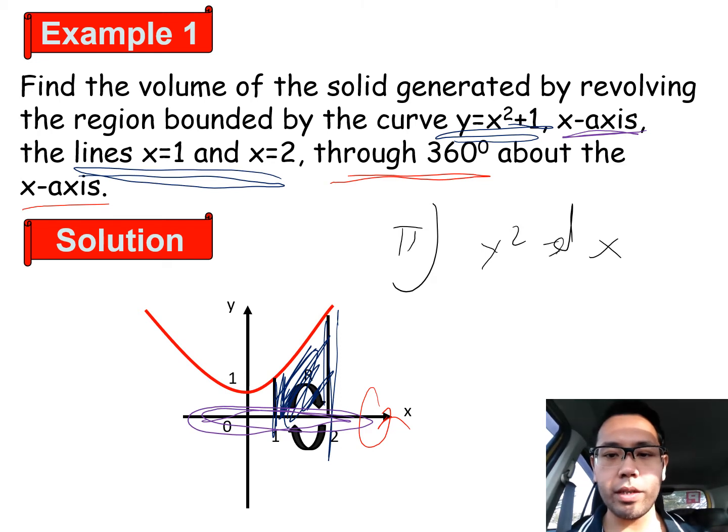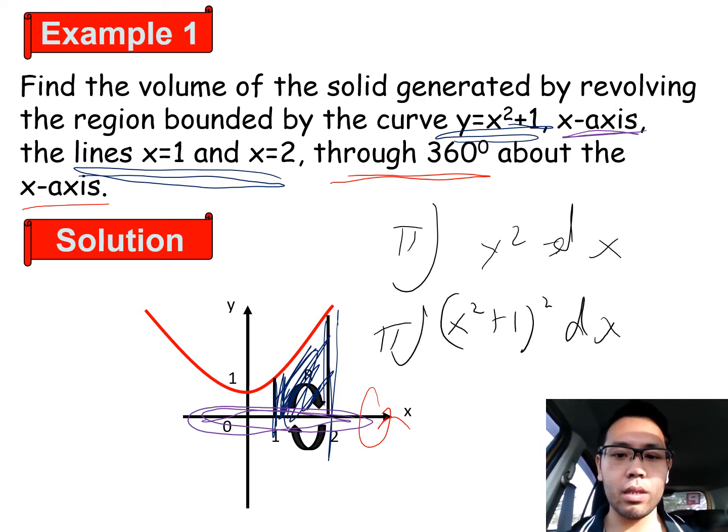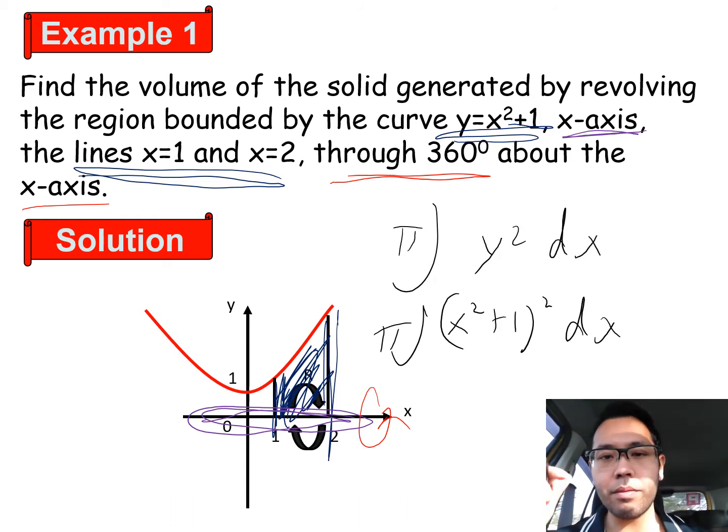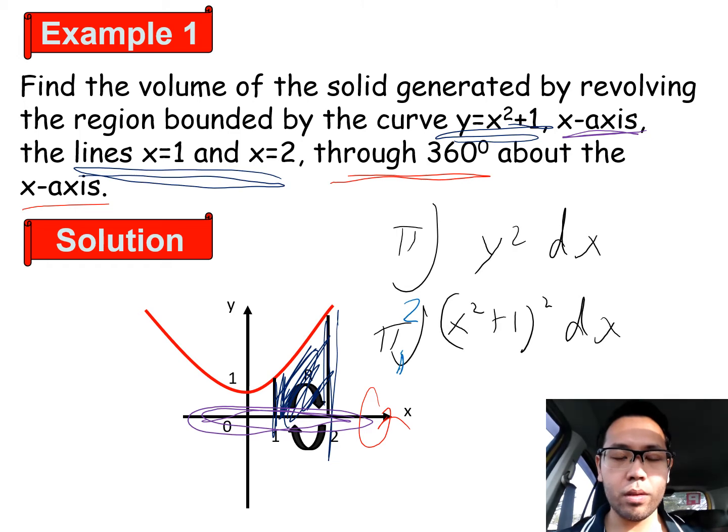So your y squared is (x squared plus 1) squared dx. Up to here, you guys okay? This is simple first. Oh, what about the limits? They are 2 and 1, because here, 2 and 1.